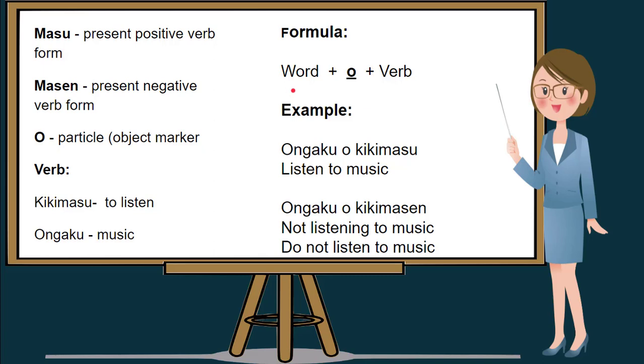So, word, we will use ongaku plus o and the verb kikimas, which means to listen. Let's read this one. Ongaku o kikimas. Let's repeat it again.